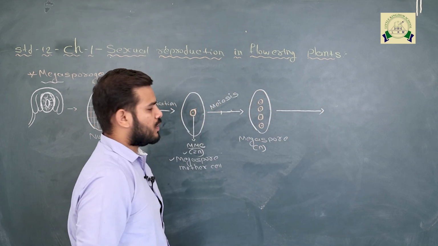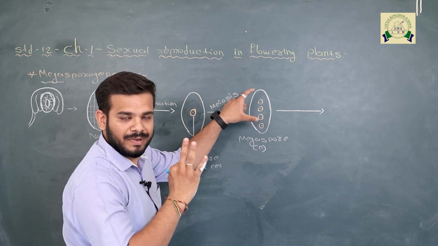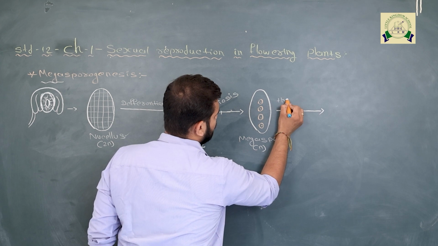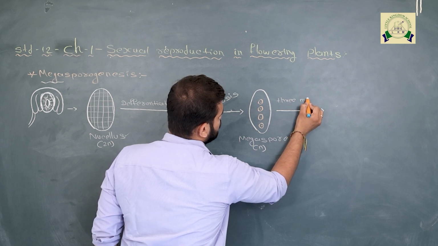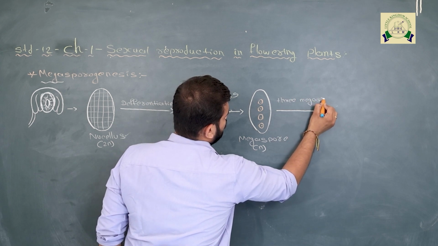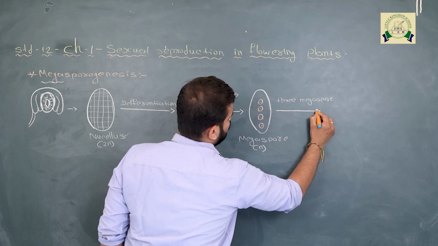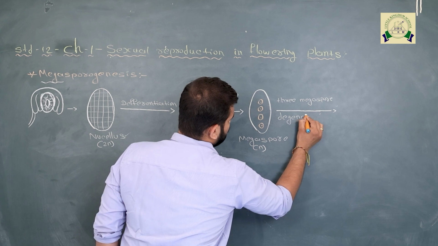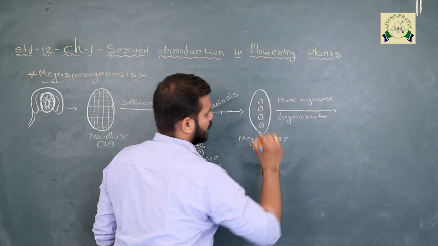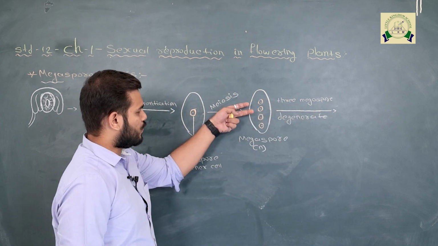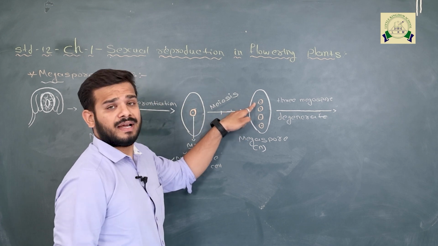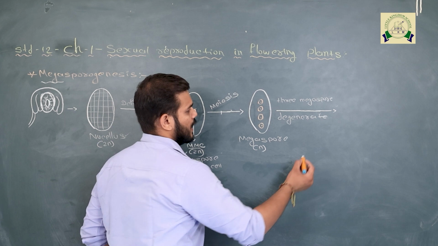Now next, 3 megaspores out of 4 are going to degenerate. I am writing it here. 3 megaspores degenerate. That means out of 4, 3 megaspores degenerate, only 1 megaspore remains alive. So I am drawing it here.